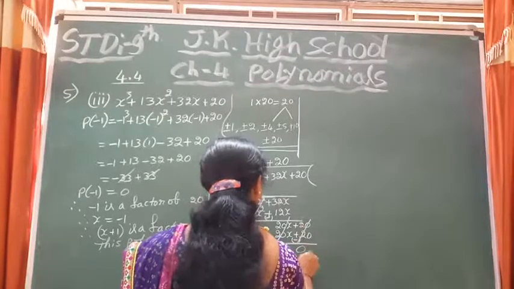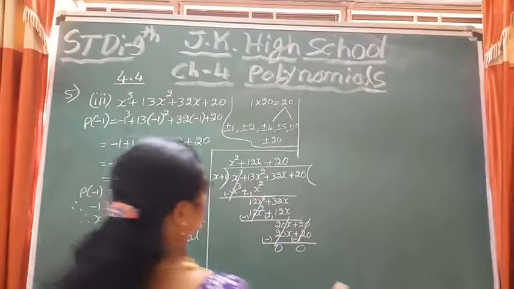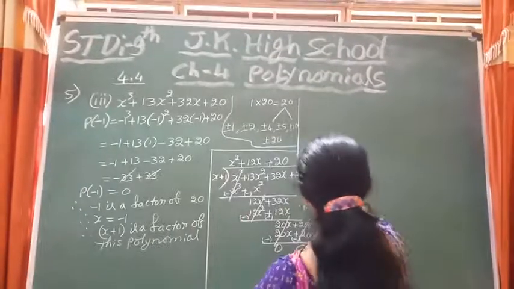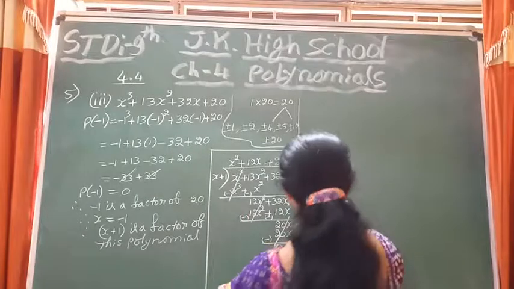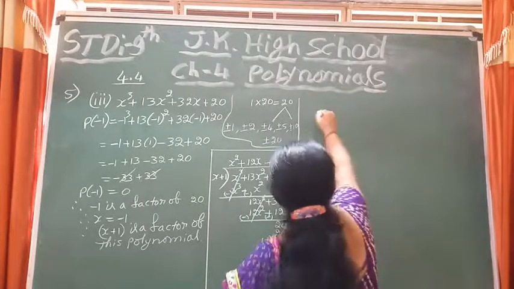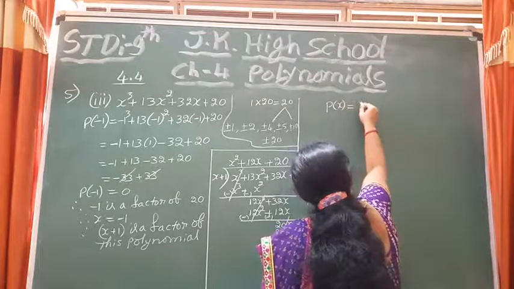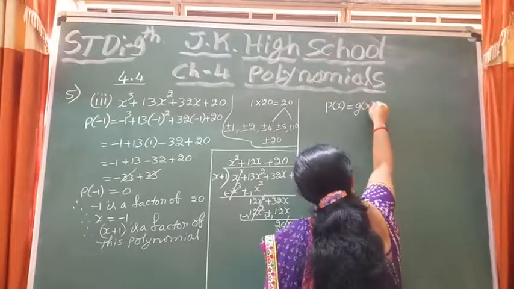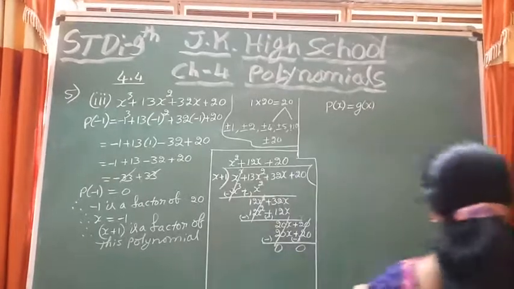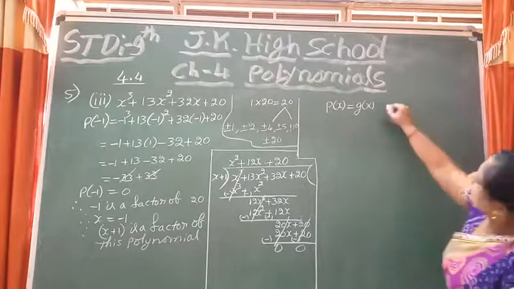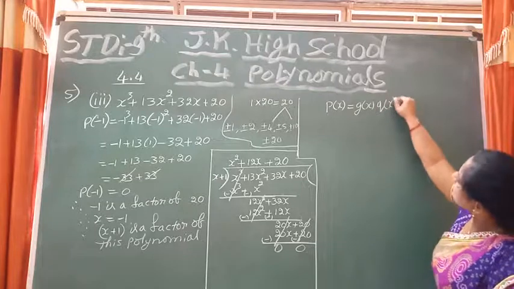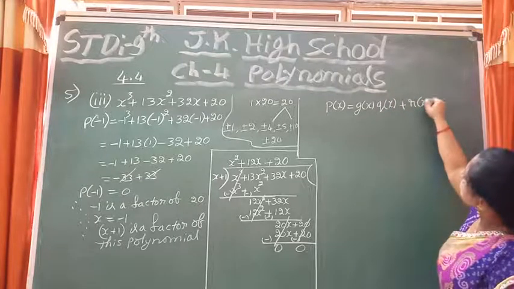0. So therefore, how can I write it according to the division algorithm? I can write it in this manner: P of x is equal to g of x into q of x plus r of x.